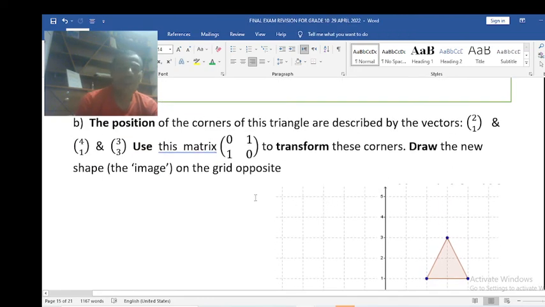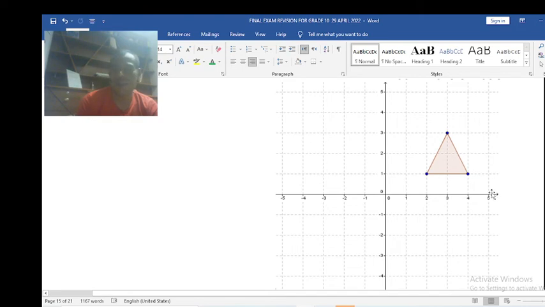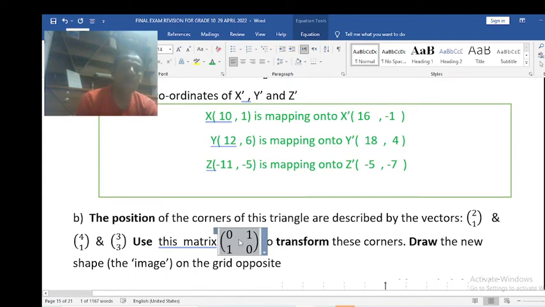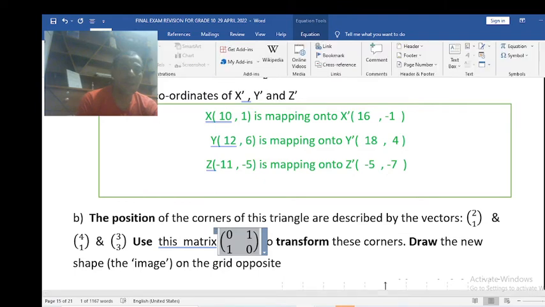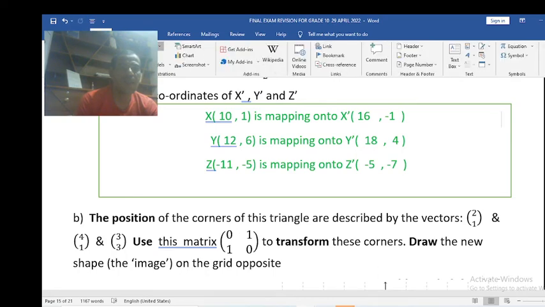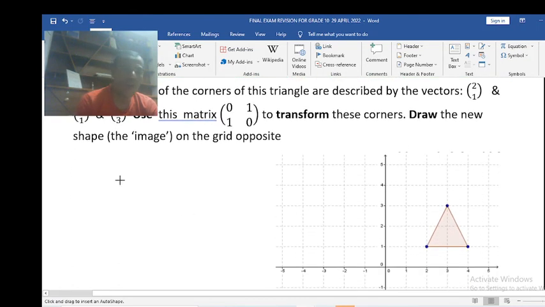Then I will use this matrix, copy, and now I will insert a shape, a square. Okay, I will make it like that.